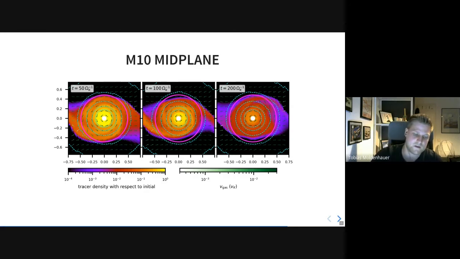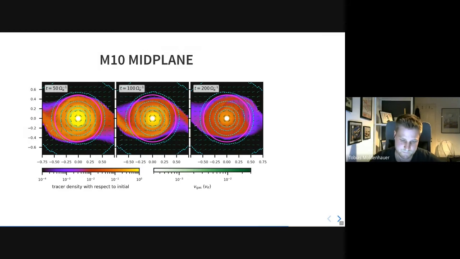There are these spirals with higher tracer fluid concentrations and lower tracer fluid concentrations, and the horseshoe orbits are no longer symmetric. And of course, the horseshoe orbits are also a lot wider. If you look at this horseshoe orbit here now, it's somewhere around this. Earlier, it was way smaller. And this is quite interesting. We'll also check in a second what this means for the recycling timescale.